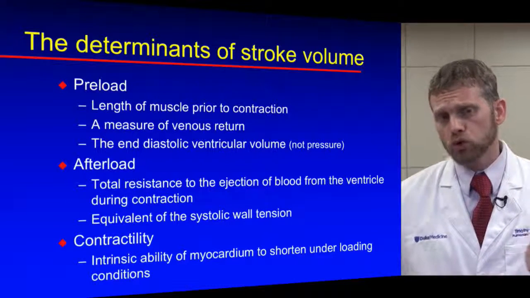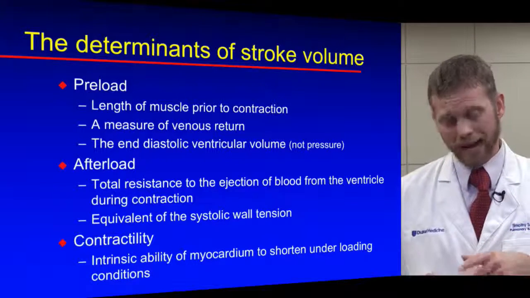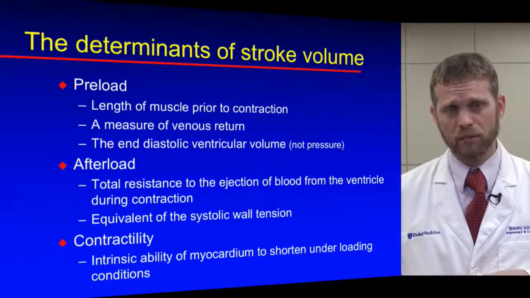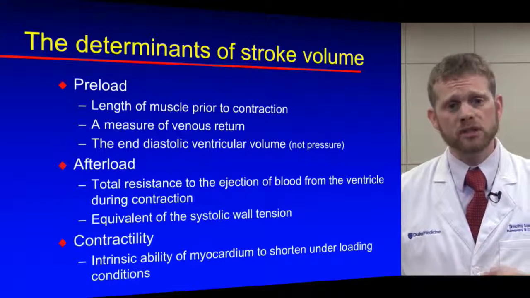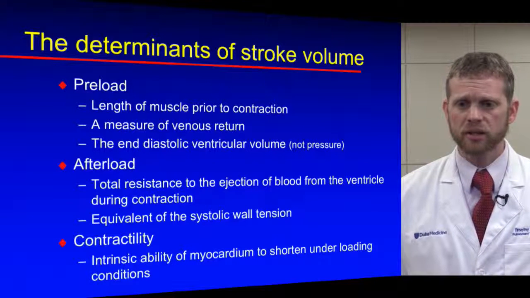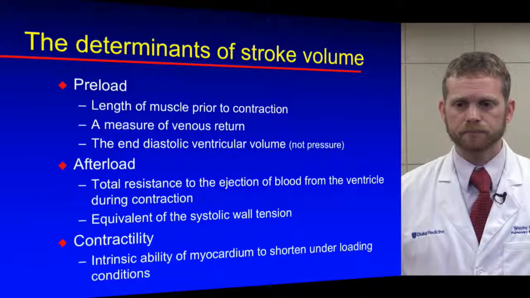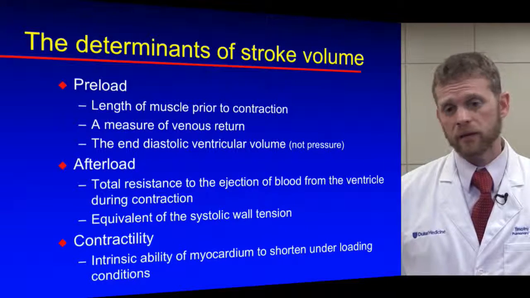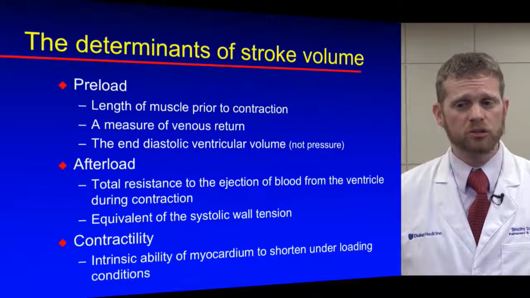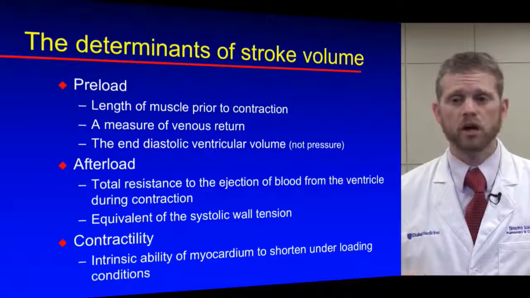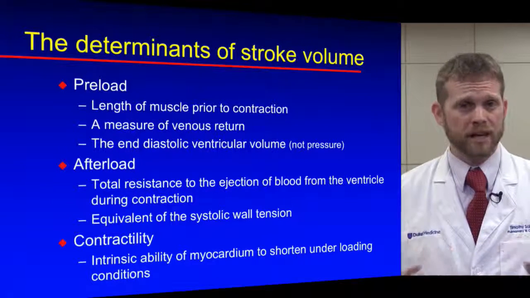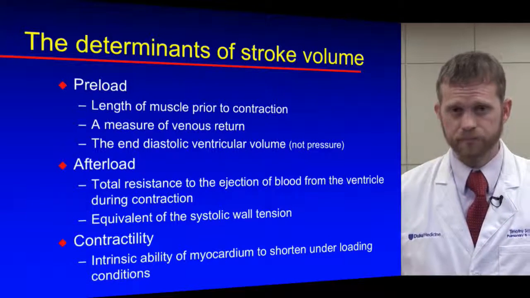Things that will reduce contractility in sepsis include hypoperfusion leading to myocardial ischemia. Acidosis can lead to decreased contractility, and those are the big ones. As for increased contractility, you can see that with the use of vasopressors, inotropes, and also sympathetic activation.